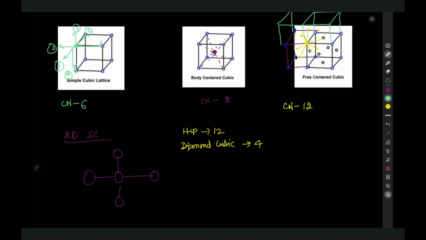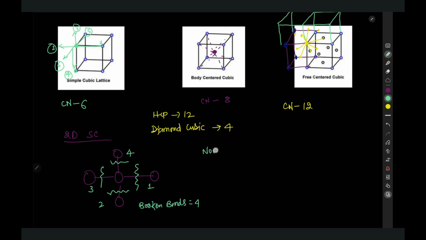If we remove one of the atoms from here, then the number of broken bonds will be 1. If we further remove one more bond from here, the number of broken bonds will be 2. Similarly, we can remove all the 4 bonds, equal to the coordination number, and the number of broken bonds will be 4.